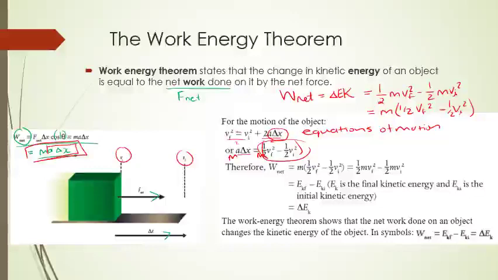So our net work equation is equal to mass times this equation that we derived from equations of motion, which is your final kinetic energy minus your initial kinetic energy, which is the change in kinetic energy. The work-energy theorem shows that the net work done on an object changes the kinetic energy of the object. And that's so logical, guys.